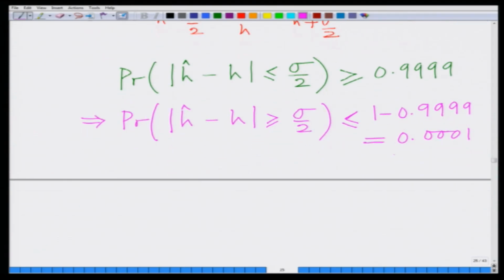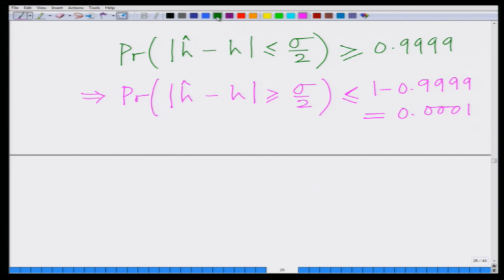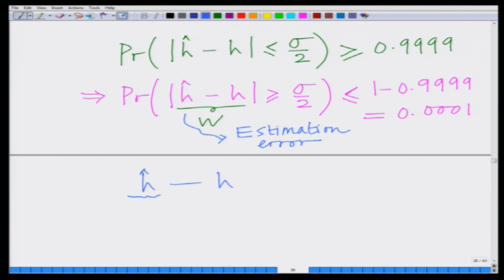And now you will realize that this h hat minus h is nothing but our quantity w, which is the estimation error. Here h hat is the estimate, and this h is your true parameter.